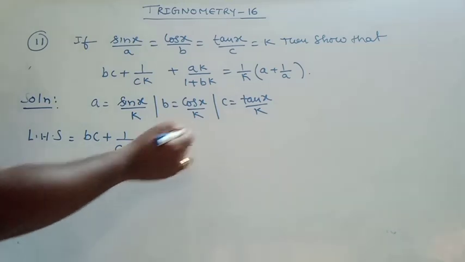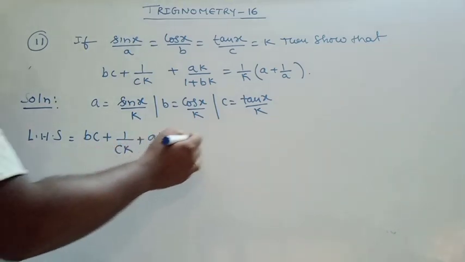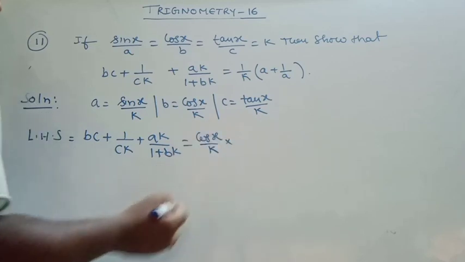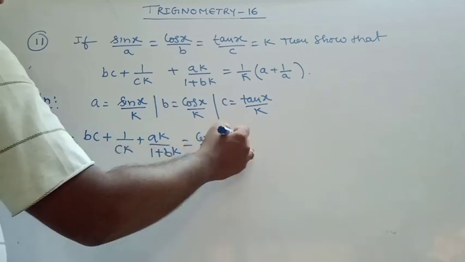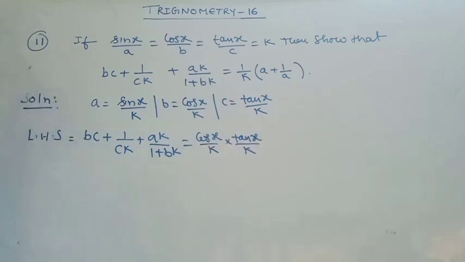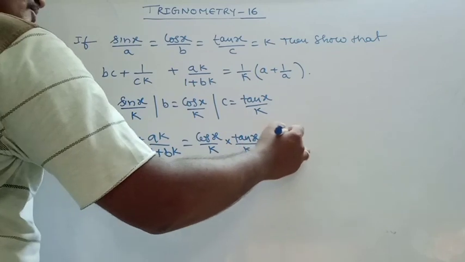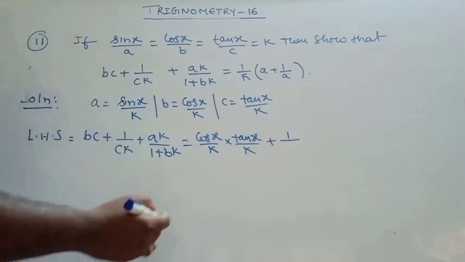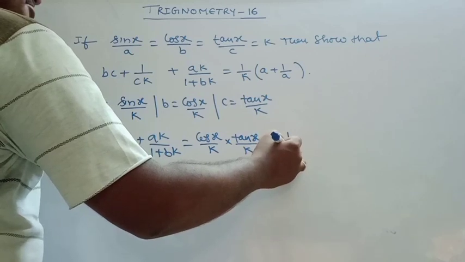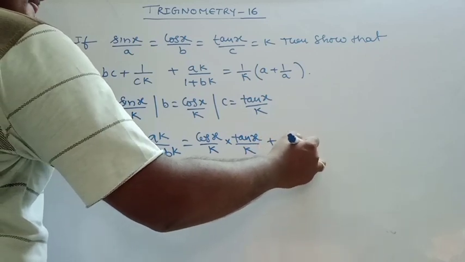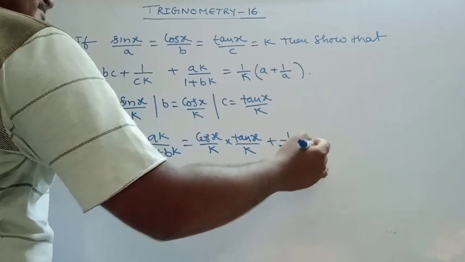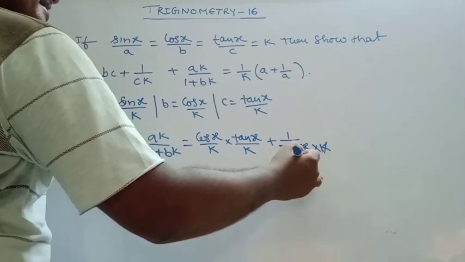Okay, now let us see here. b is nothing but cos x by k, into c, which is nothing but tan x by k, right? Plus 1 by ck, where c is tan x by k, into k. Into k means this k and this k will be cancelled.